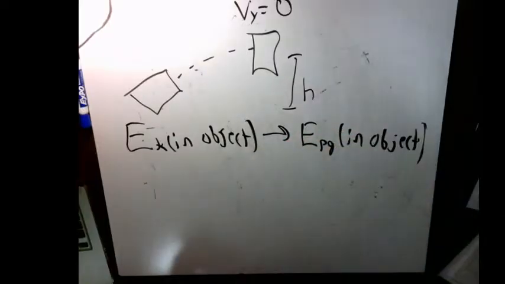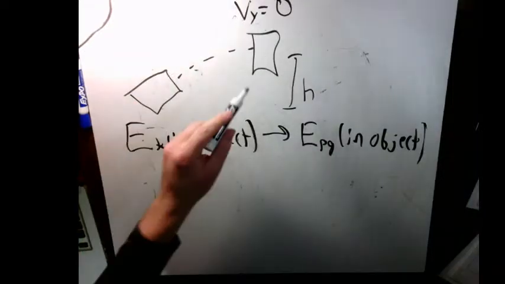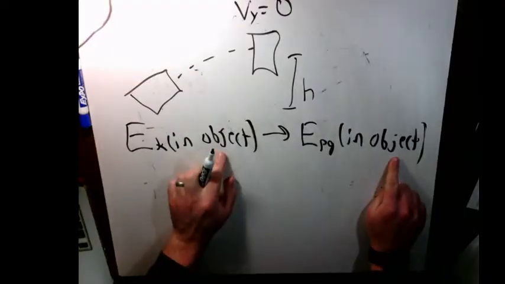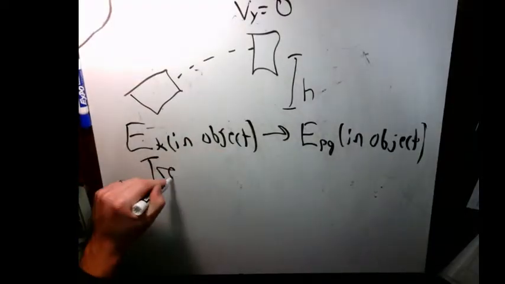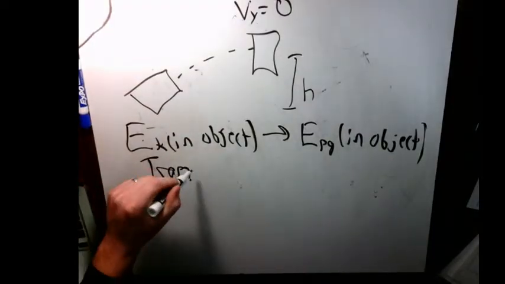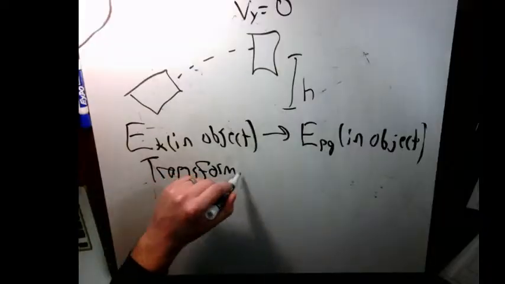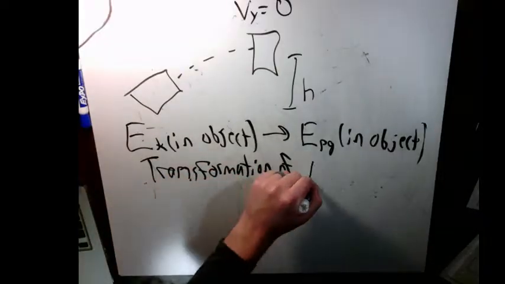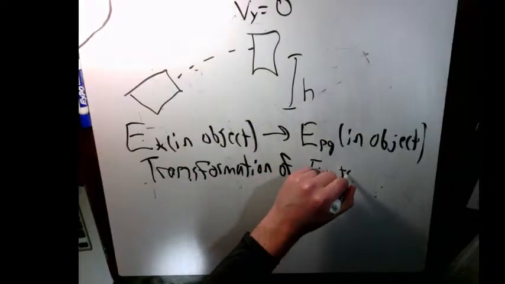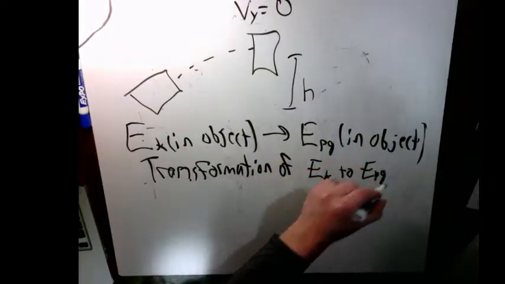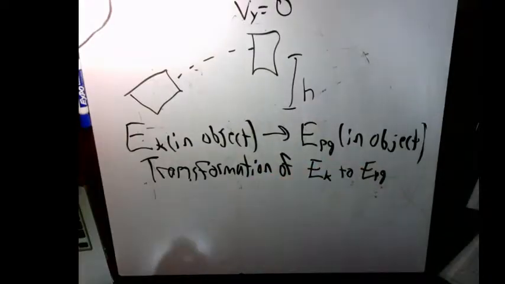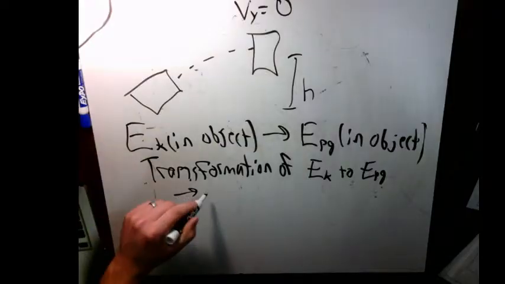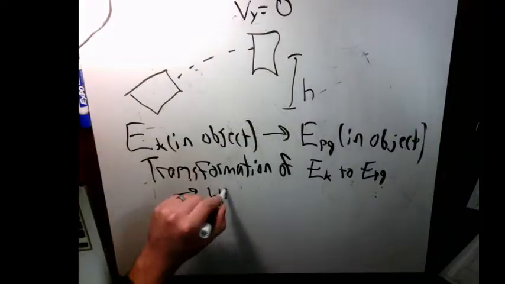So are we having any transfer of energy here? No, transfer requires it to go from one object to the other. We're looking at the same object, so all we have is a transformation. It's transformation of Ek to potential gravitational energy, right? Because it's within the same object.